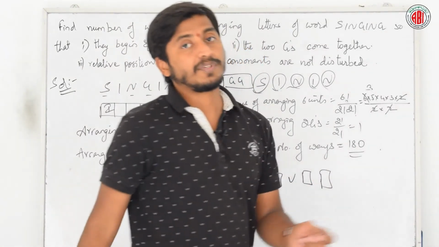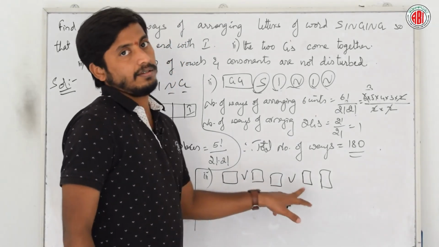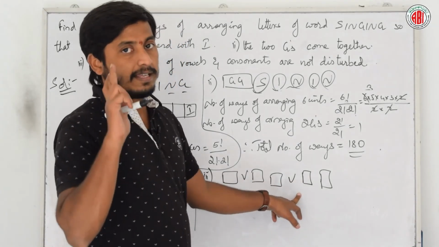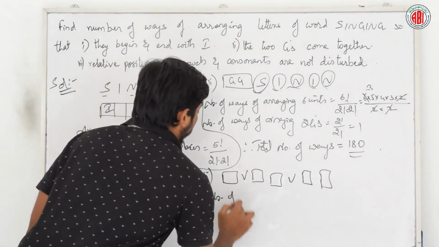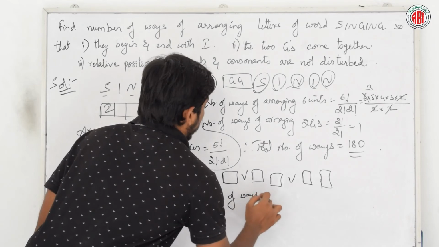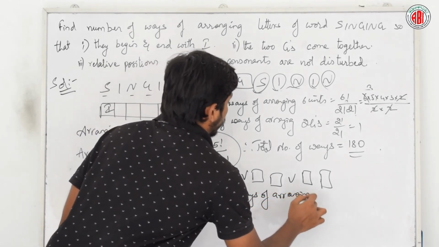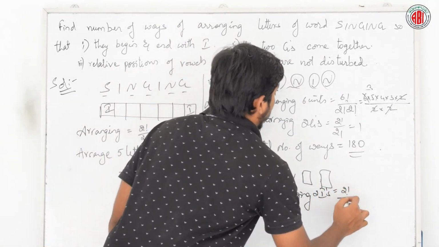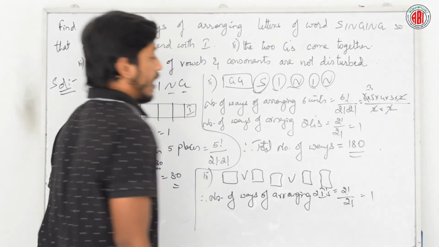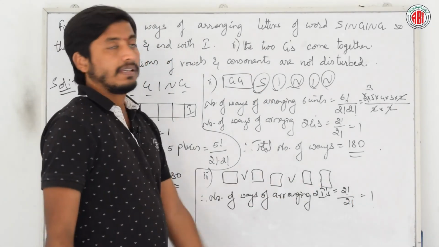So, if you observe here, how many vowels are there? 2 vowels. So, their place is fixed. So, the number of ways of arranging 2 vowels, that is 2 I's, is 2 factorial by 2 factorial, which is 1. And the remaining are 5 elements.